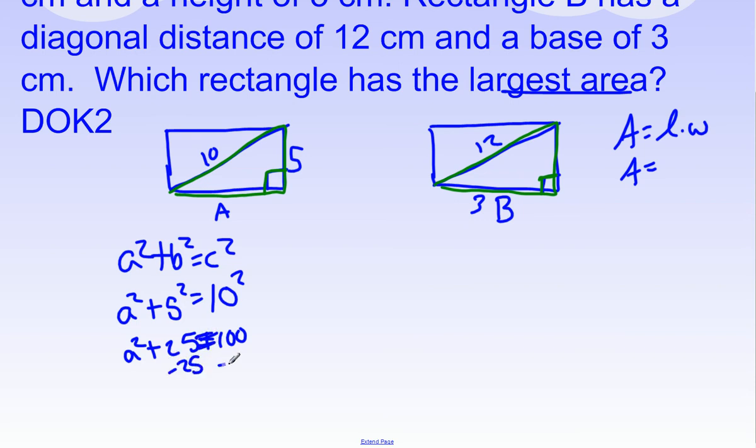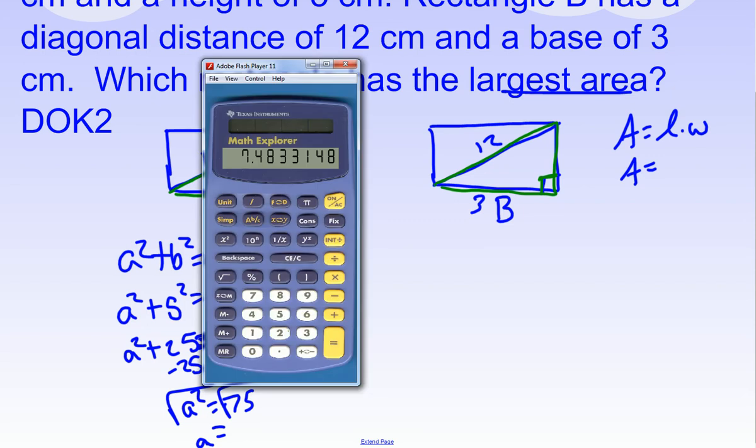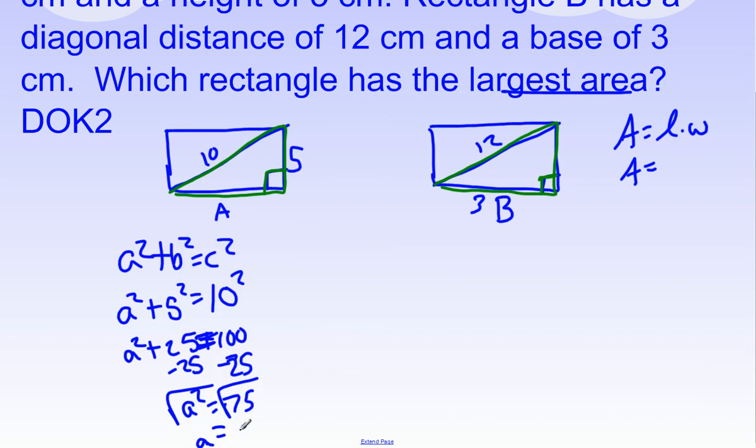Subtract 25 on each side because we're trying to get the A by itself. A squared equals 75. And square root each side. A equals the square root of 75, which is 8.66. So the missing side here is 8.66.